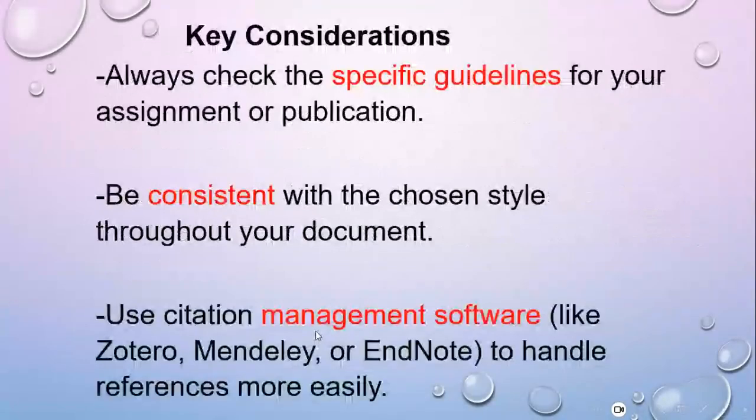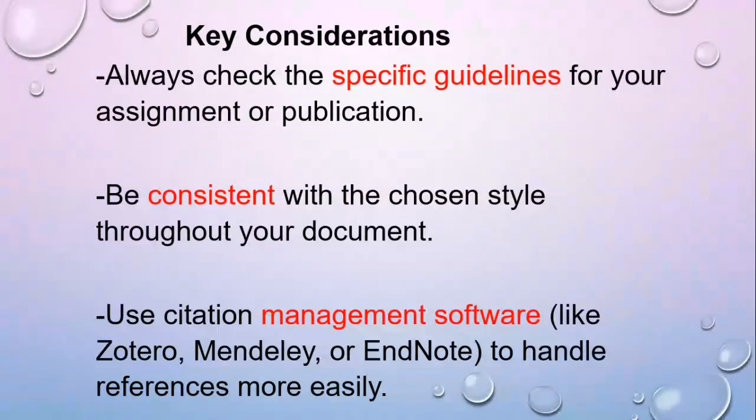To summarize what we said about making the reference list, we always check the specific guidelines for your assignment or for your publication. It depends on the study you are about to conduct and the guidelines provided by your institution or by your supervisor. So you have to consider this before you go for any style of citation.